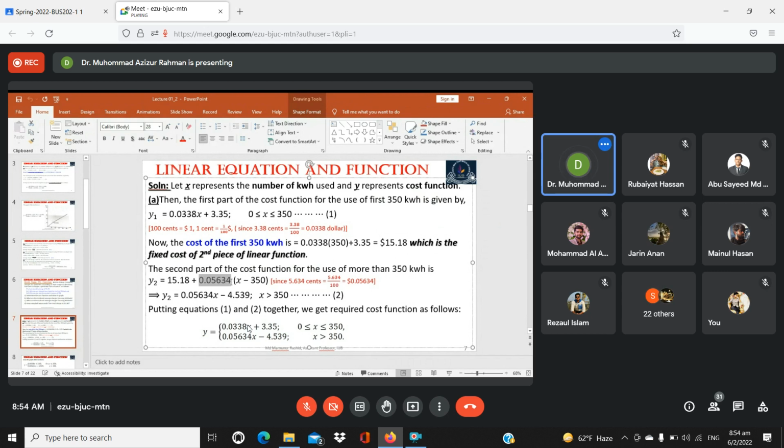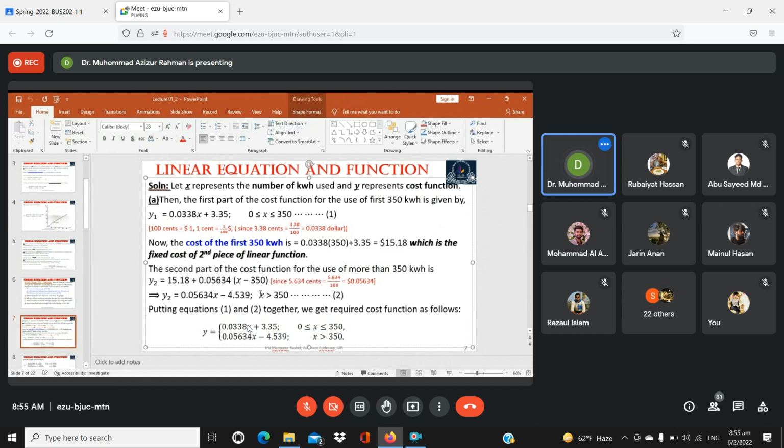So how many kilowatt hours are you using? X minus 350. Then we can simplify. We multiply this with X and this with 350, and then you get your cost function for the second case, for more than 350 kilowatt hours.